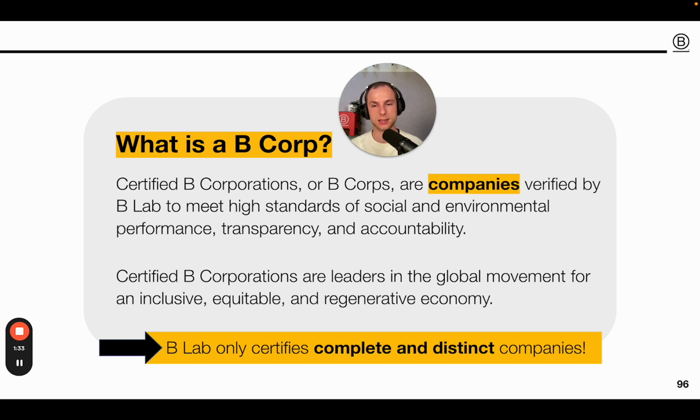And distinct is related to that. The company needs to be sufficiently distinct, set apart from other companies.